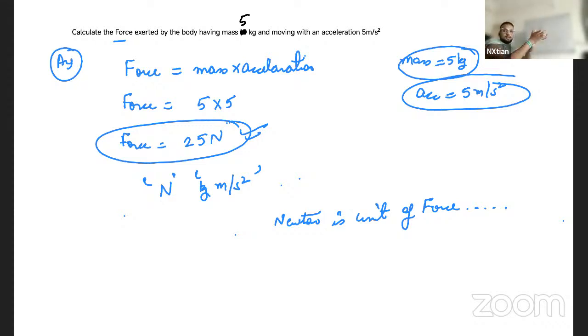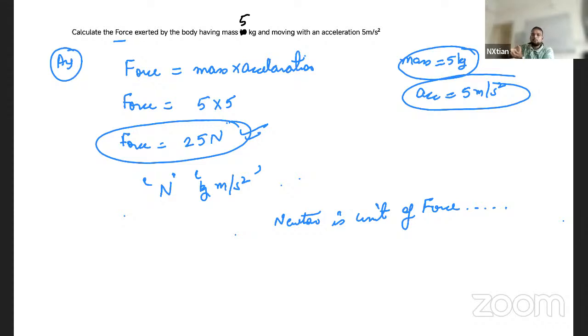So when the ball is coming, if you put your hand like this, then either you will have great damage, or you can't catch the ball. So if the ball is coming, you have to move your hand in the backward direction. So there is a change in momentum, the ball which carries the momentum.